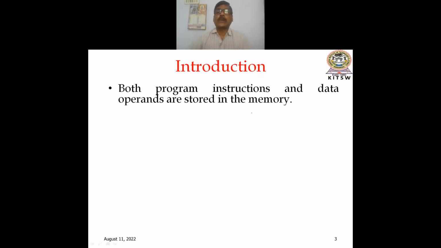Generally, when we consider the computer's memory, within this memory the program instructions as well as the data will be stored.